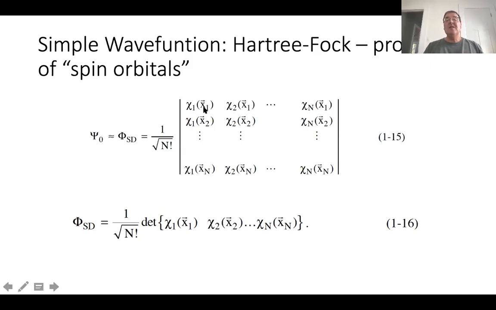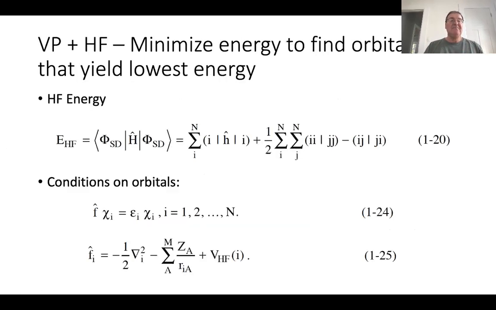Particle interchange would be like switching electron labels 1 and 2. That would be like putting this row up here and the top row in the second row. That's switching two rows, and the determinant has the same absolute value under those conditions. It just changes sign.